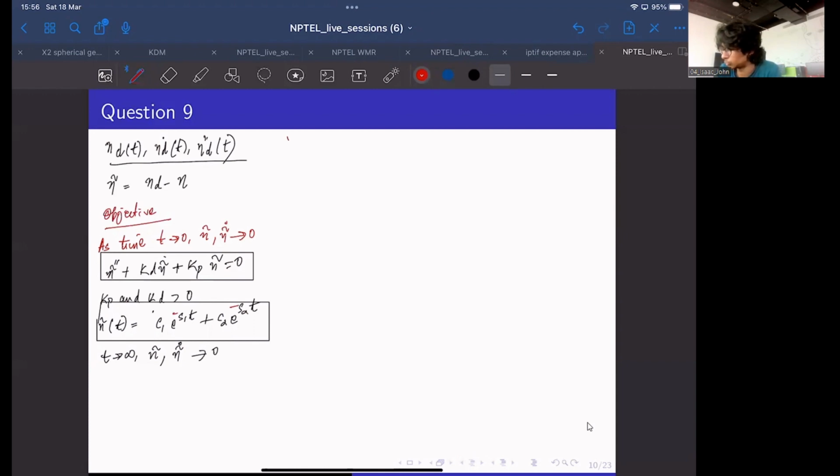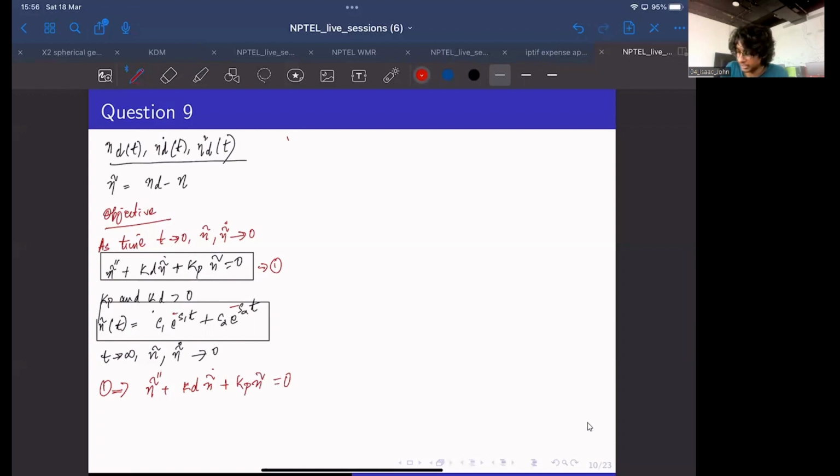Okay, in this differential equation, I'm labeling this as equation 1. So equation 1 implies eta tilde double dot plus KD eta tilde dot plus KP eta tilde equal to 0.